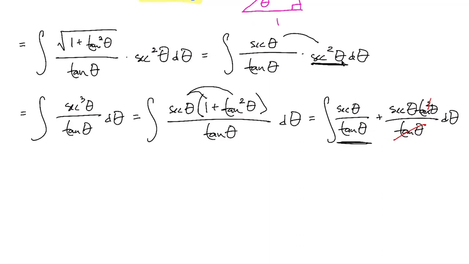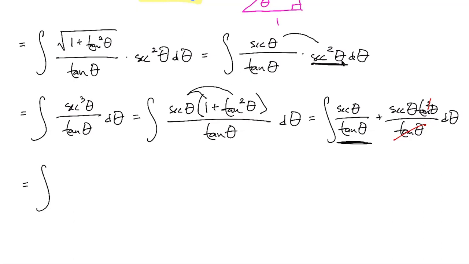The first term with the secant over tangent, we're going to rewrite that in terms of sine and cosine and see if we can't simplify that to something that we know the integral of. So one of my go-to techniques is I turn everything into sine and cosine.